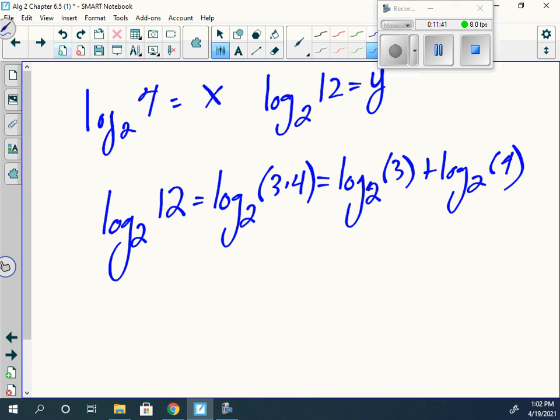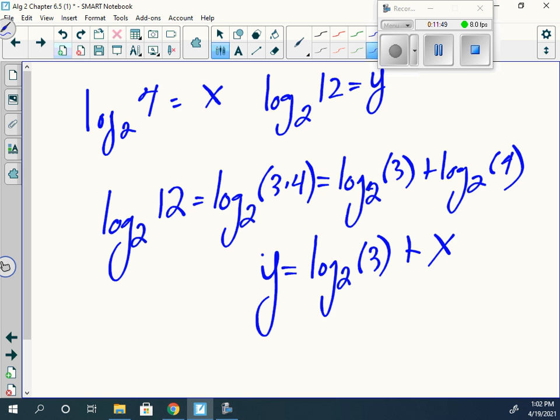Well, they told us log base 2 of 12 was y, which is equal to log base 2 of 3 plus x, and we can use it to solve that way. Does that kind of make sense? Really, it's just manipulating the numbers to get what we want.